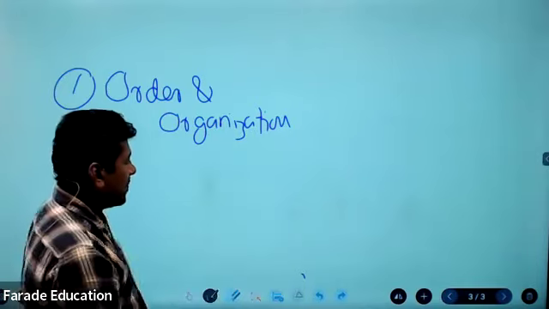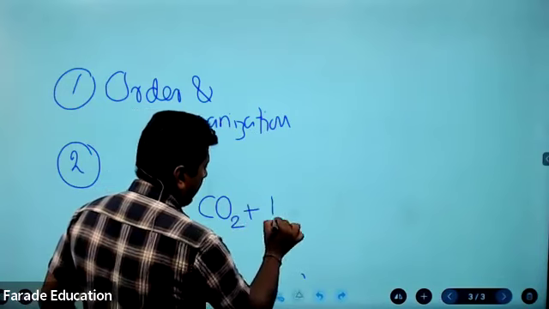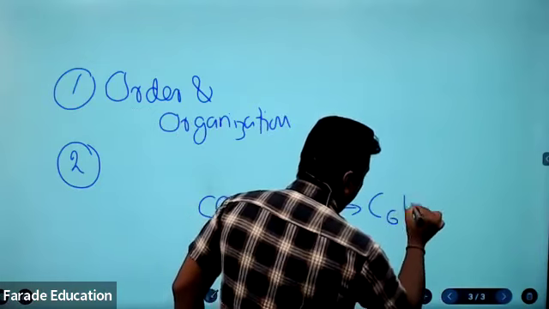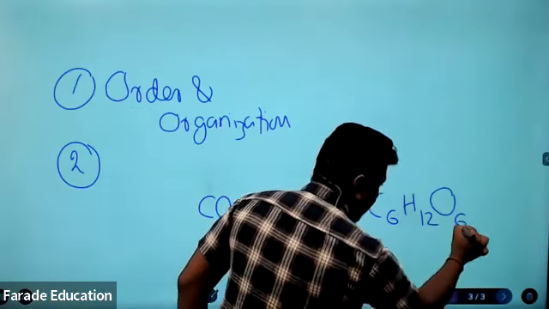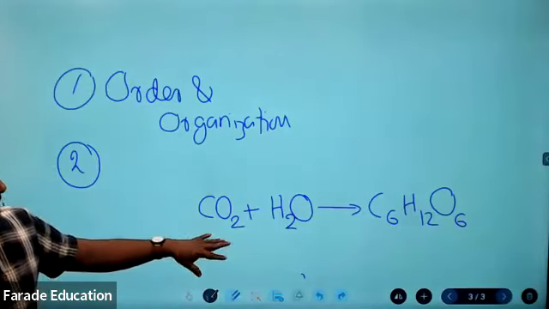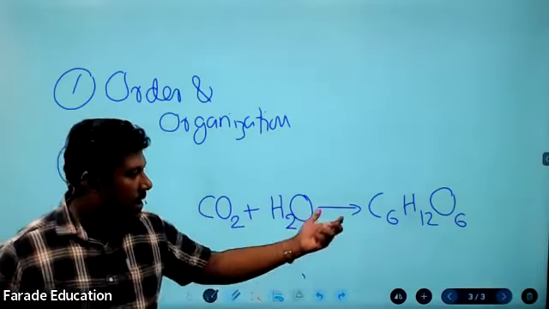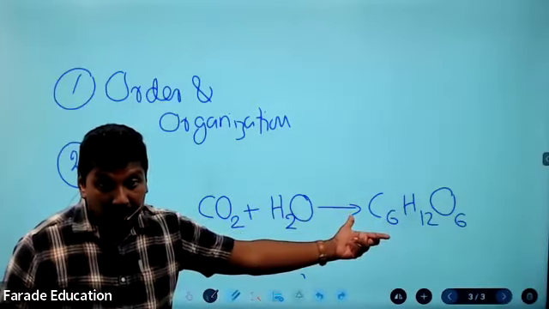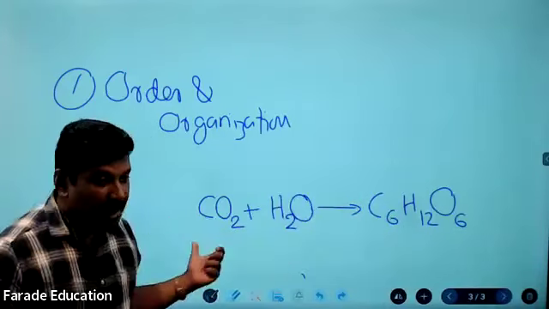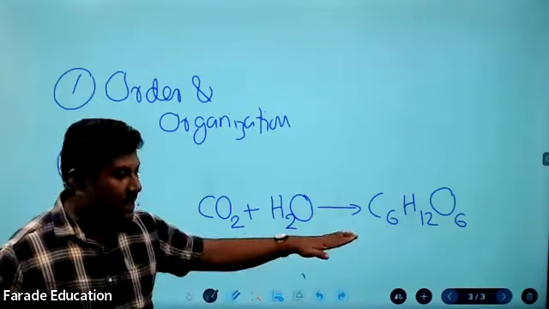For example, you have simple carbon dioxide and a simple water molecule, and you make a complex carbohydrate called glucose, a monosaccharide. What is this reaction? Photosynthesis. So this is anabolic.